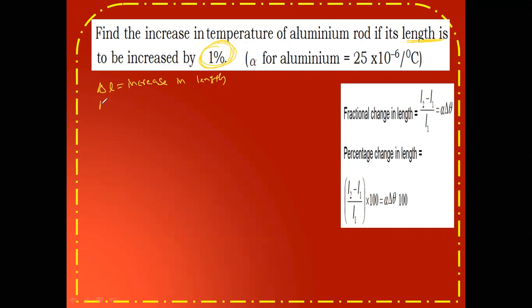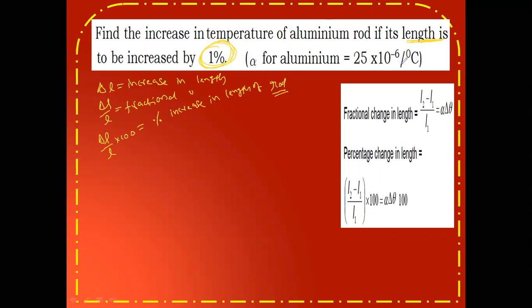Then delta L by L is the fractional increase in length of the rod. Then delta L by L into 100 is the percentage increase in length of the rod.